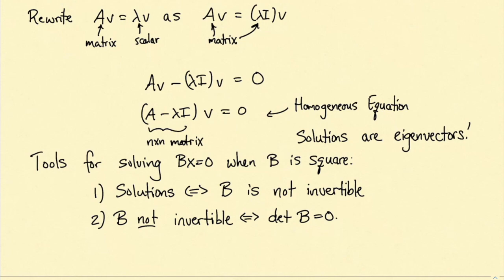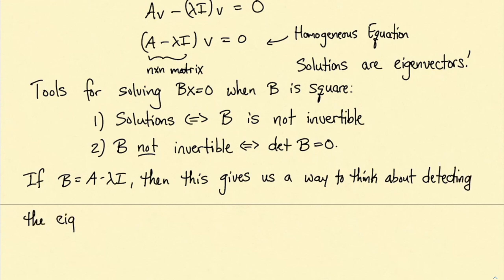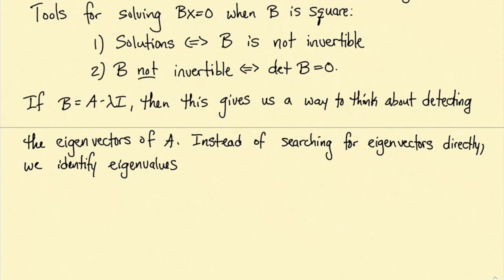So if B is the square matrix A minus lambda I, then this gives us a way to think about detecting the eigenvectors of A. Rather than searching directly for the eigenvectors, we can identify the eigenvalues, lambda, by finding solutions to the equation: the determinant of A minus lambda I is equal to 0.